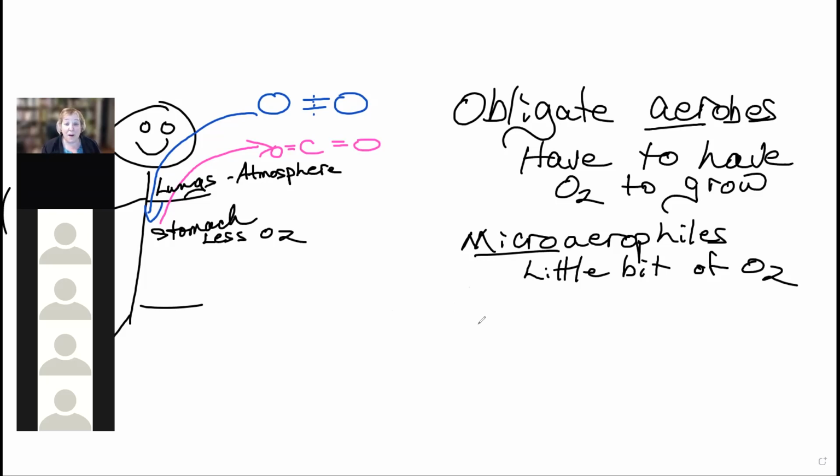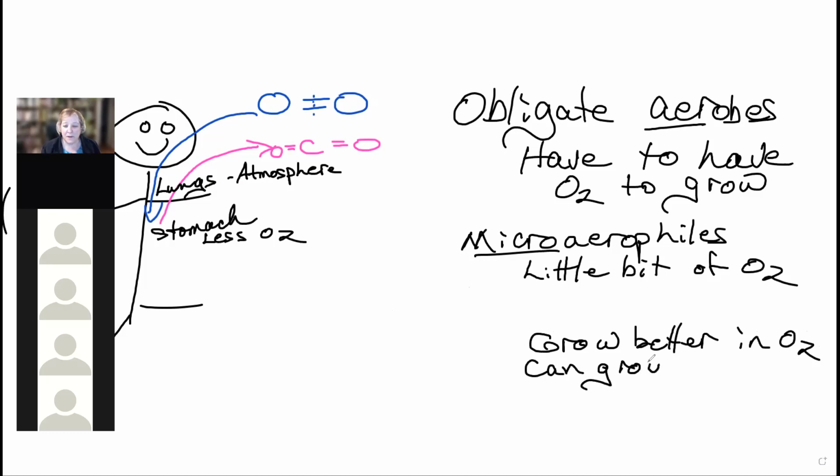Then there are microbes that, if there is oxygen, they grow better, but they can grow slowly without. And in chapter 8, we're going to find out why. We call those facultative anaerobes.